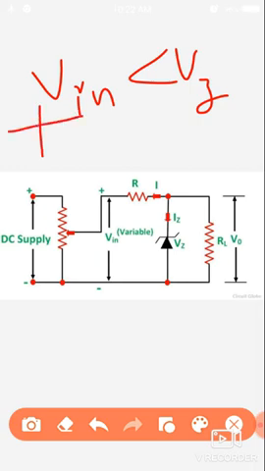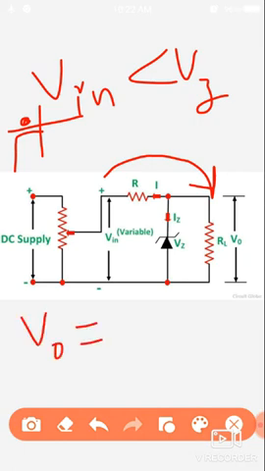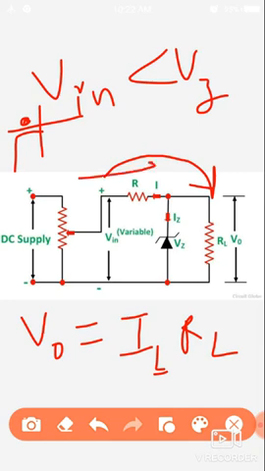The Zener diode will not reach breakdown, so the whole amount of current passes through the load resistance RL. As a result, V0 equals IL into RL. The IL is always equal to the amount of current that passes through from here.